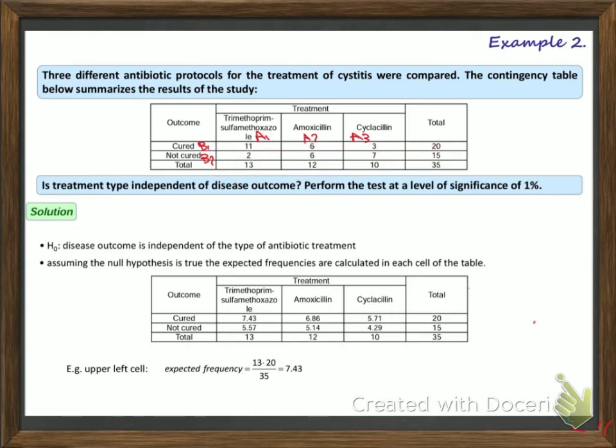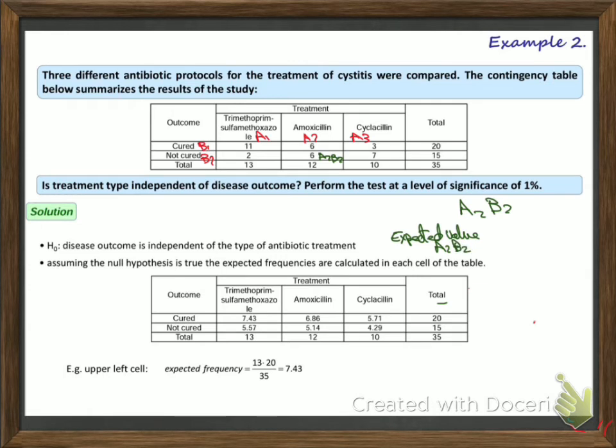So let us take another example, any other cell, for example A2, B2. This is A2 and this is B2, so it will be this cell. We need to calculate the expected value to put in A2, B2.